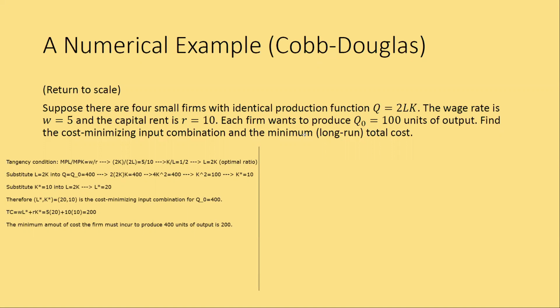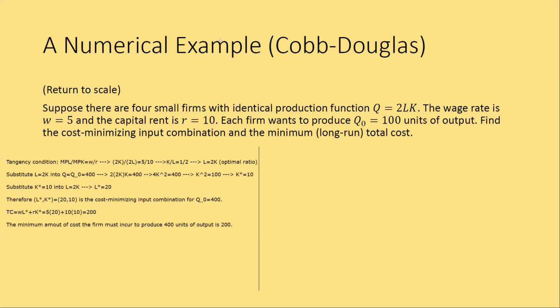So now let's suppose that instead of having one large firm producing 400 units of output, what if we have 4 small firms that have the same production function as the large firm, Q equals 2 times L times K, and that each of those 4 small firms produces 100 units of output. What will happen to the cost minimizing combination the small firms use? And what is the minimized amount of total cost?